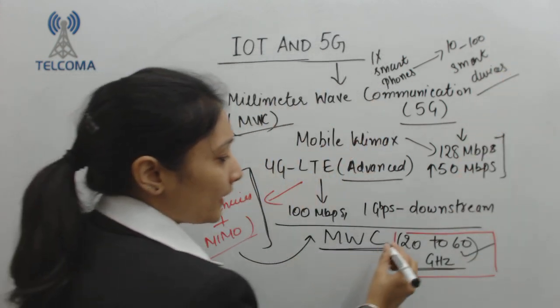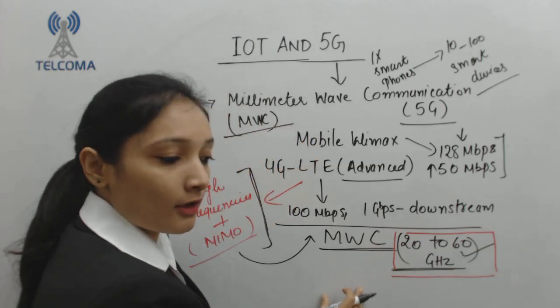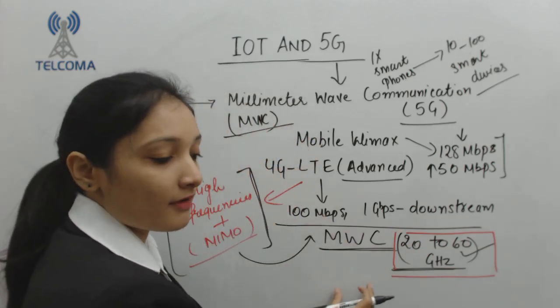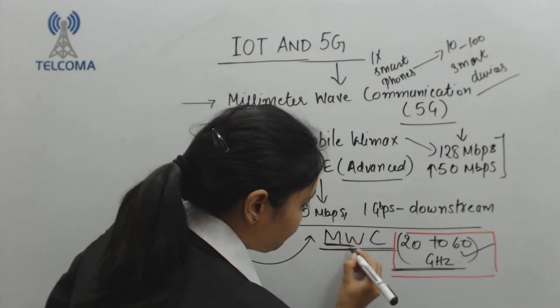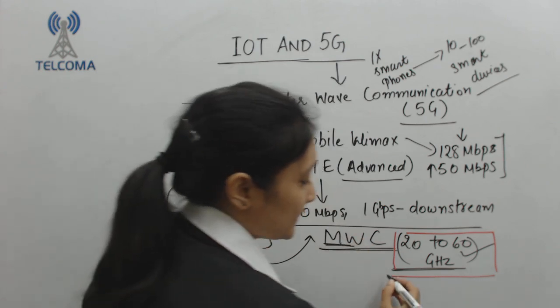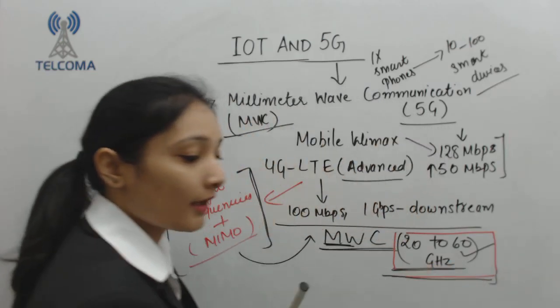This technology will allow fifth generation wireless internet access to use the millimeter bands of frequency in this range.